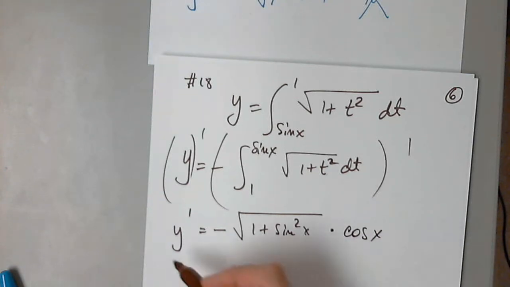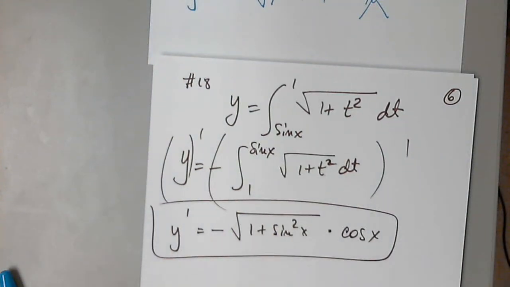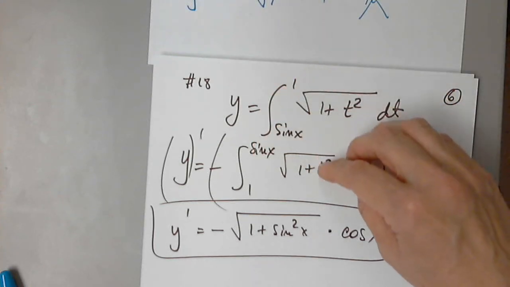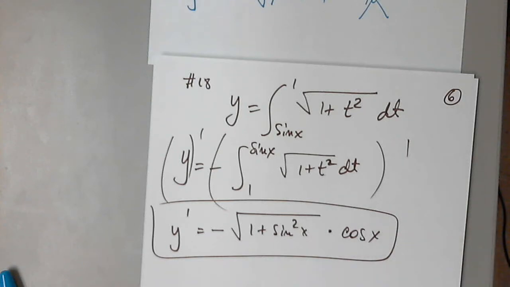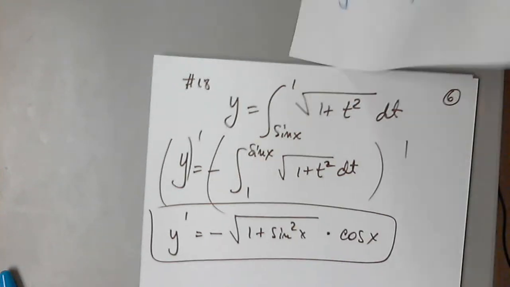That's it. See the difference from the previous case? In the previous case, r prime or x prime were 1, but sine prime is not 1. This is the inner function. When we differentiate and we replace t by the inner function, we have to differentiate that inner function as well by the chain rule.